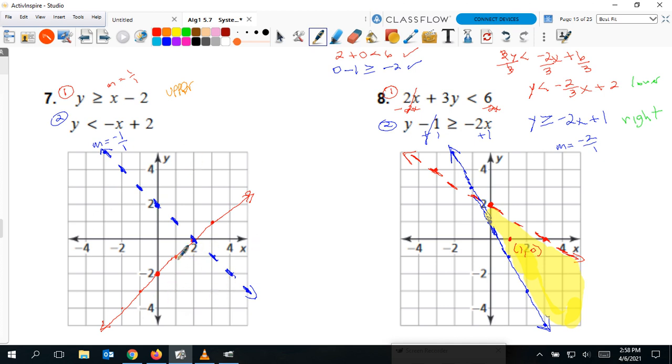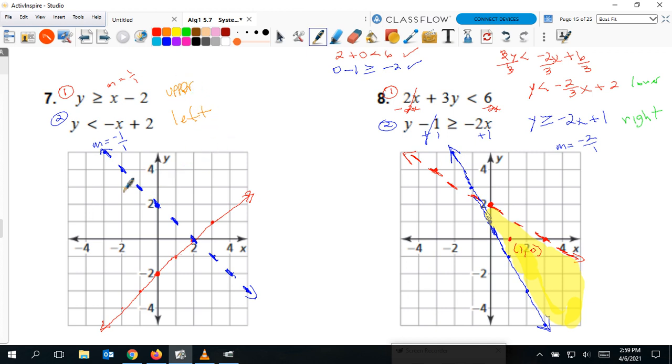I'm sorry, I'm looking at the wrong line. We already did the red one. Look at the blue one now. So less than positive 2 is going to be down over this side. So it's going to be the lower left section. Upper left, sorry. I'm getting myself confused.